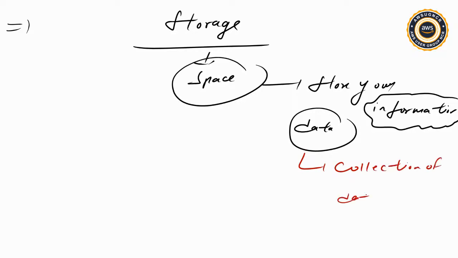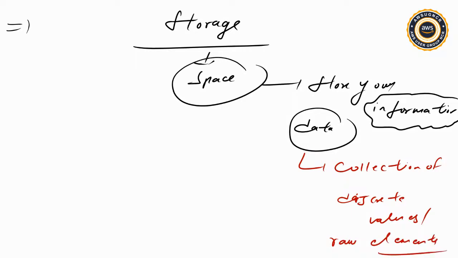You know that you have so many data sources from which you are getting the data, and all the data you are getting from different data sources is not in structured format all the time. It can be unstructured format, it can be in a semi-structured format. So till the time your data is not ready for analysis, till the time your data is not ready to give you some information, I will say data is a collection of discrete values or raw elements. Okay, anything, space to store your data.